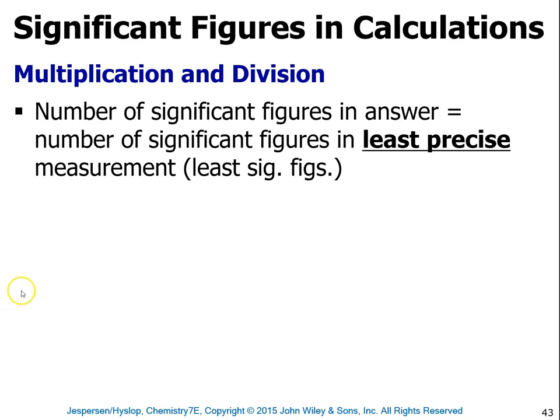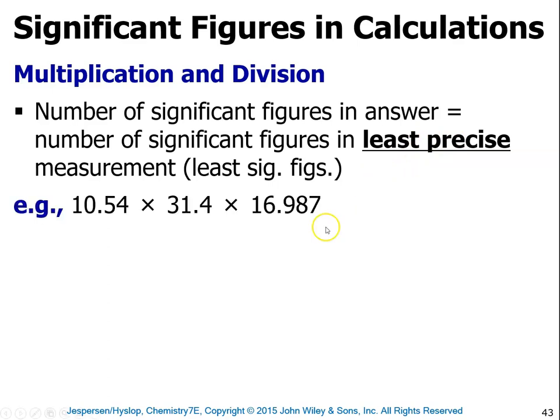For multiplication and division, this is pretty easy. You just take the least, so this is where it's important to be able to identify how many significant figures are in a problem. And then you identify if it's multiplication or division or addition or subtraction. If it's multiplication and division, you take the least precise significant figure, and that is what your final answer should be defined as. So here's an example.